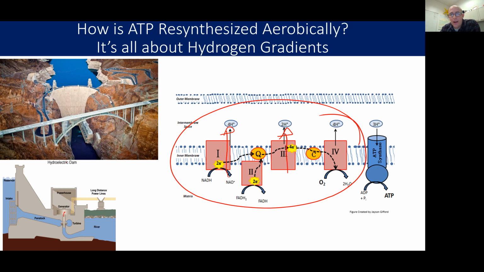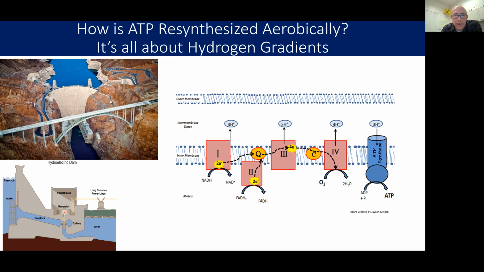Now, how does this work? So it all starts at complex 1, conveniently, of the electron transport chain. So inside of the inner membrane, you're going to have NADH. Now this NADH is going to be created, or you're getting the NADH, from glycolysis and from the citric acid cycle.